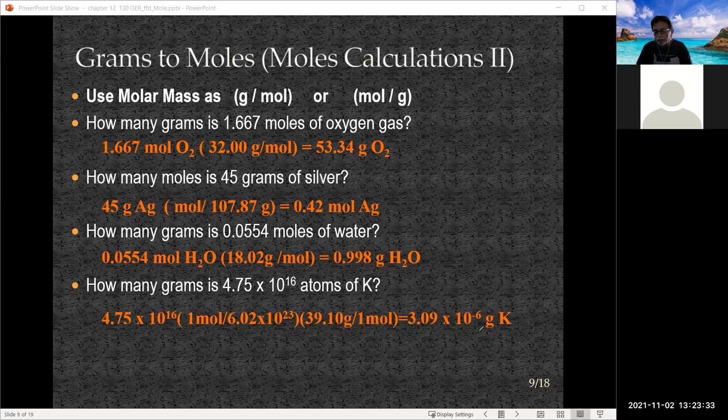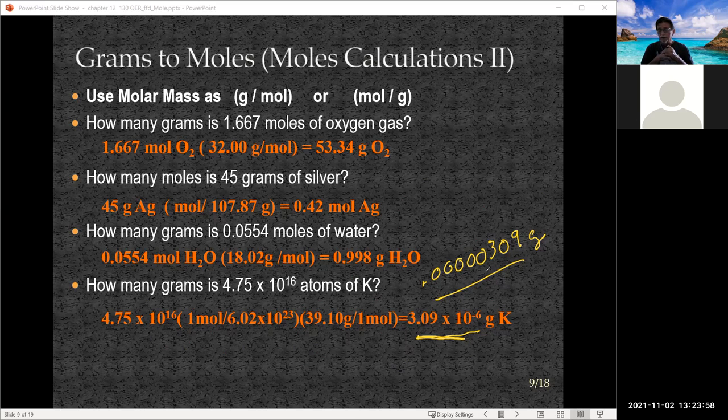Give this some thought. Look how small that mass is, that weight. 3.09 times 10 to the negative 6. Move that decimal point over 6 times, and you're looking at 1, 2, 3, 4, 5, and 6 grams. That's a small quantity, right?